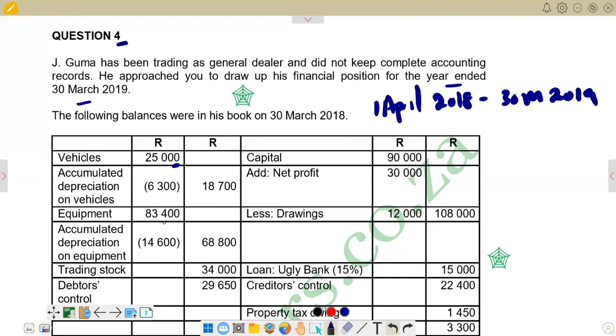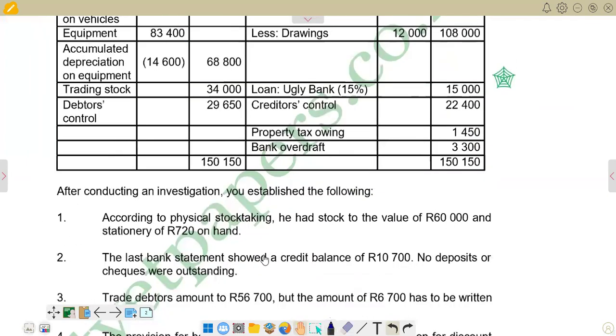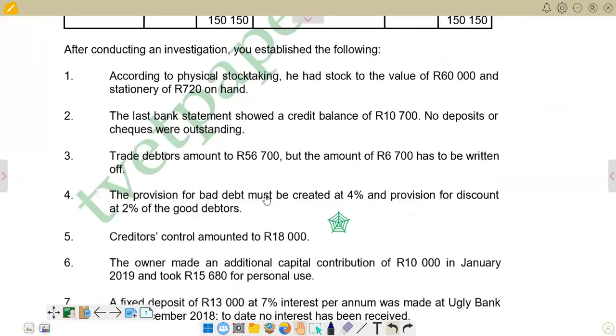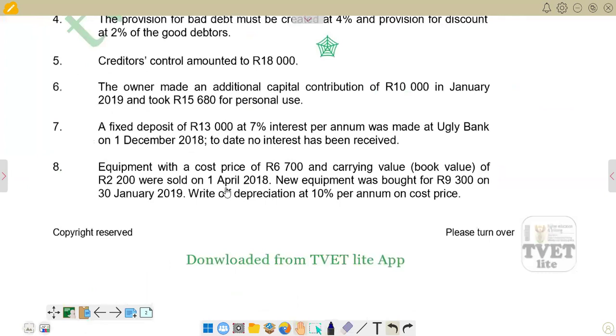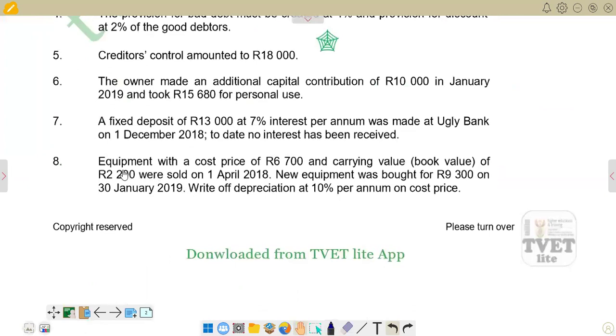So what we can do now is go through all the additional information to see if we have any other vehicle that was purchased or disposed of during the year. If you go down, you'll see that here we have equipment with a cost price of 6,700 rands and a carrying value.